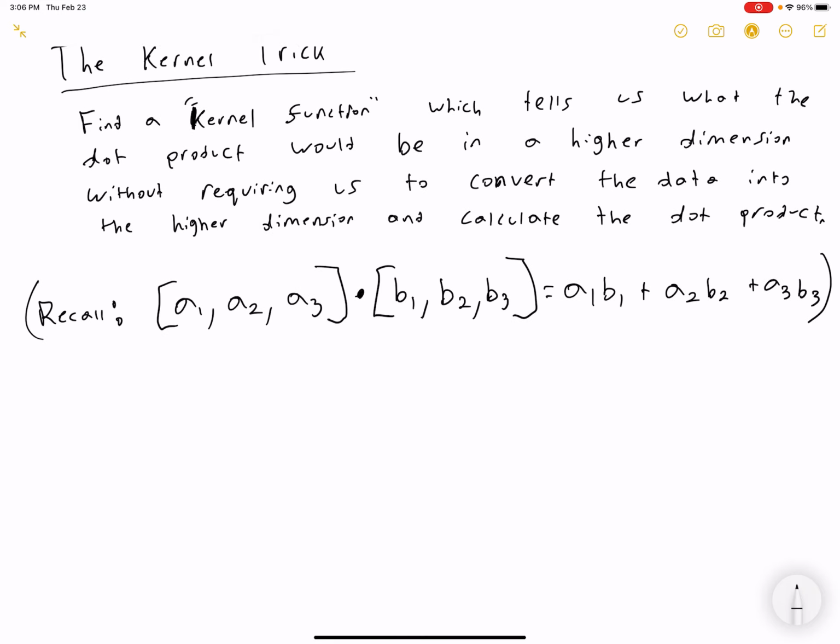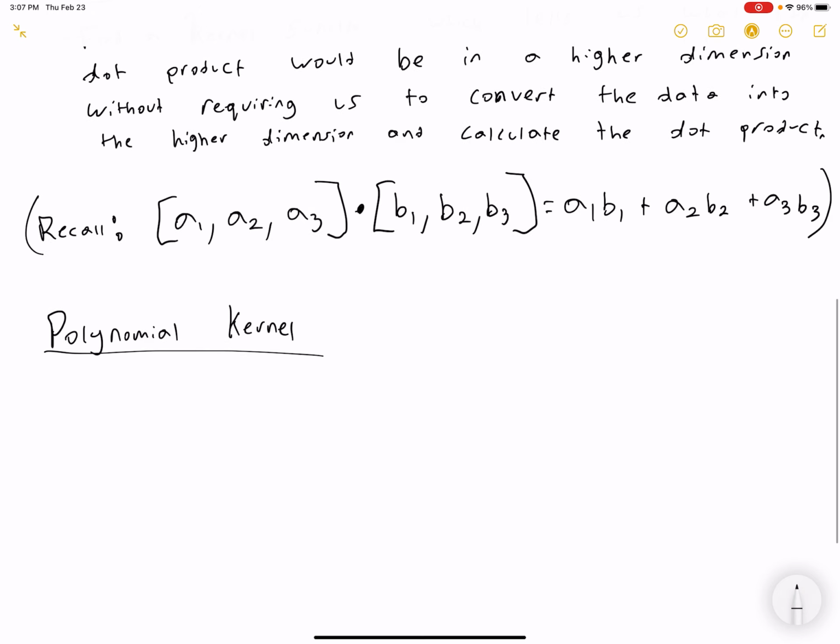So there's many different kernel functions. We'll just talk about one today, and you can check out other ones as you wish. So a pretty popular one is called the polynomial kernel, and we'll use k of a, b to denote it.